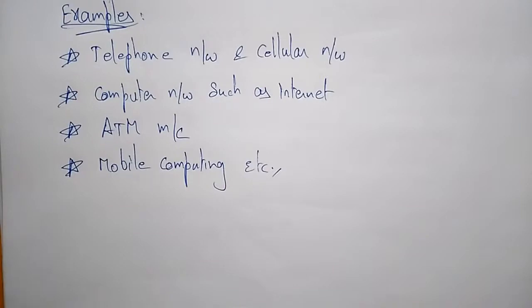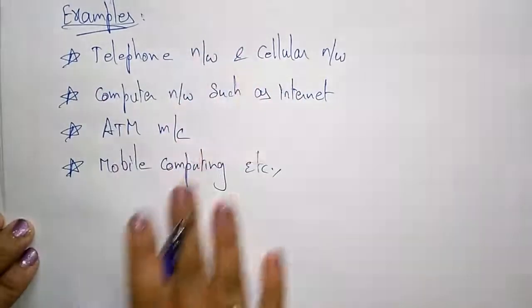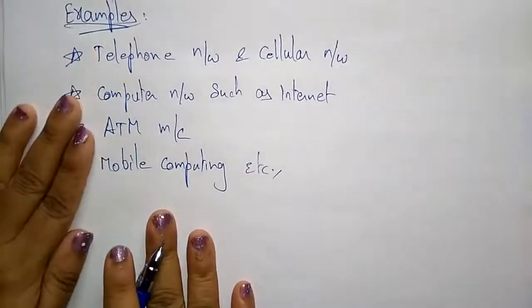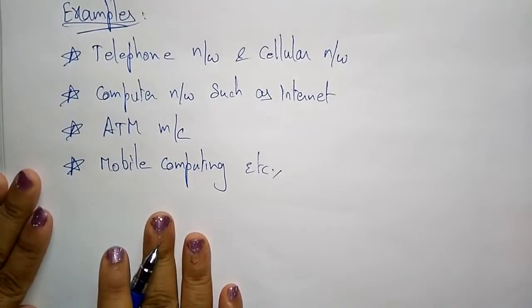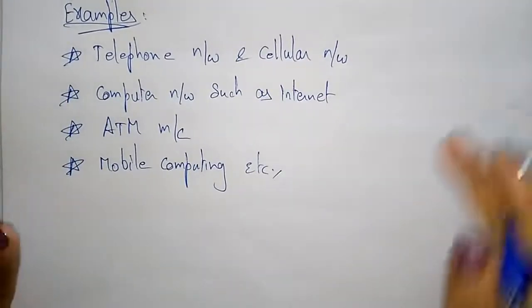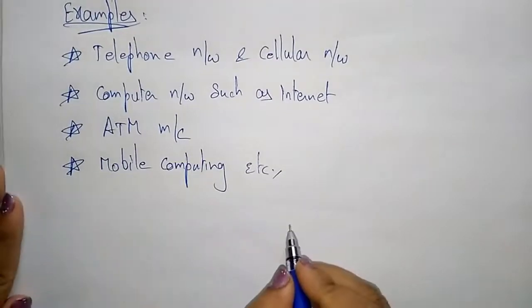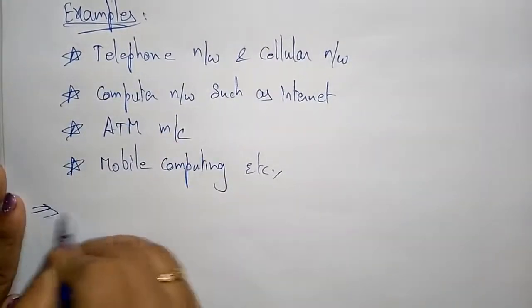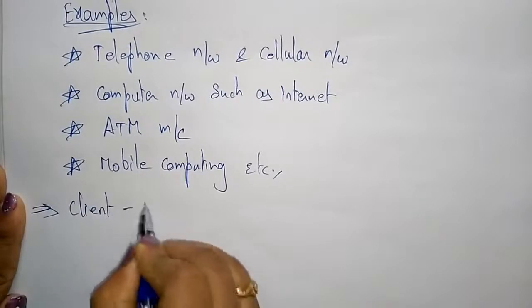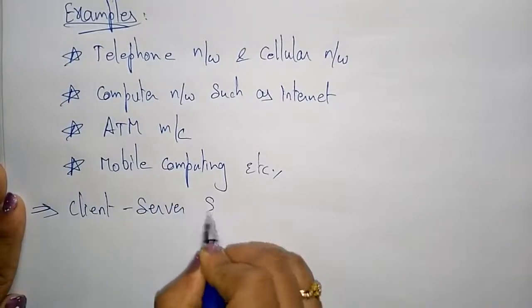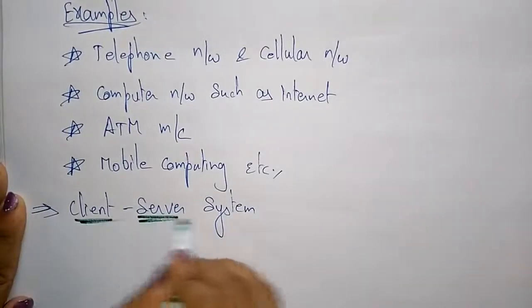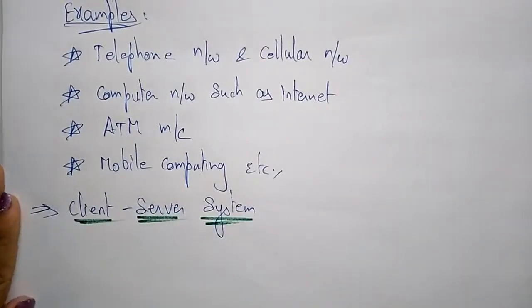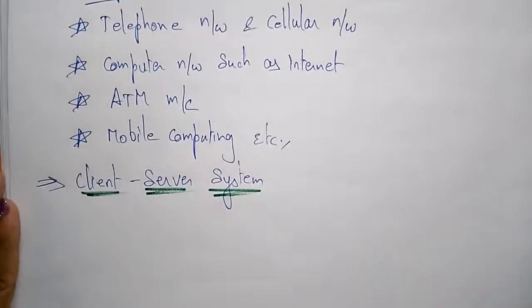Let us see one type of distributed operating system. Whatever examples we have taken follow a distributed operating system used as a client server system. It means it is using the technology of the client server operating system. So what is a client server?